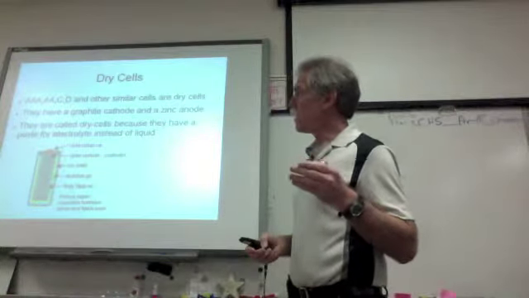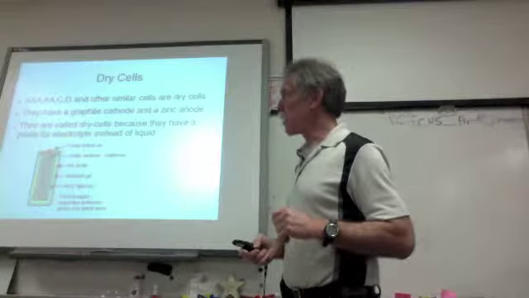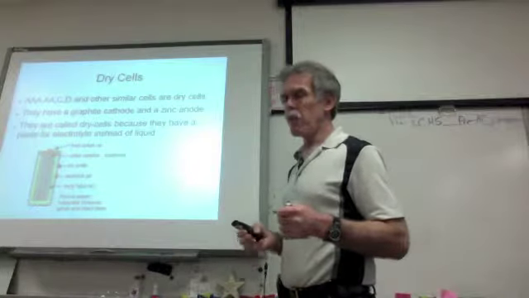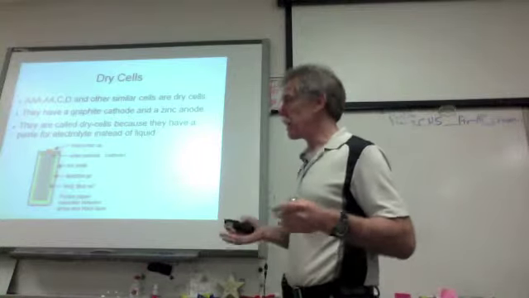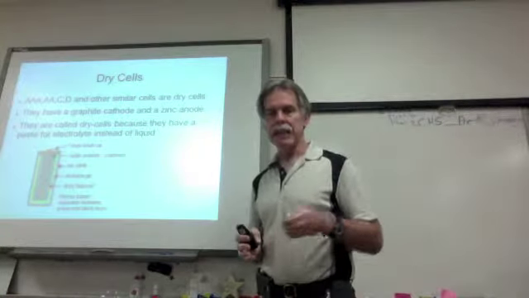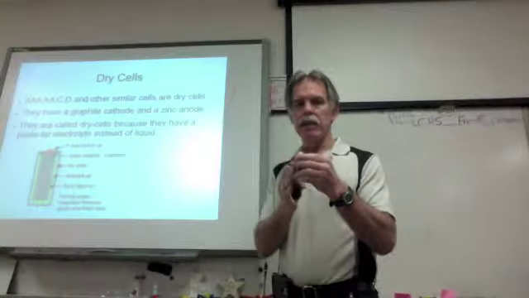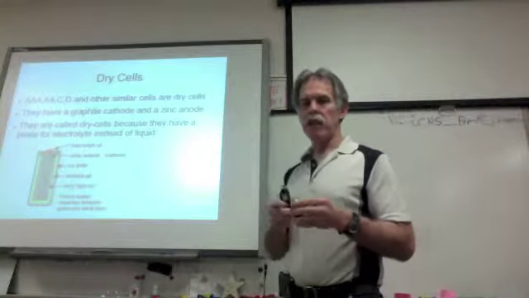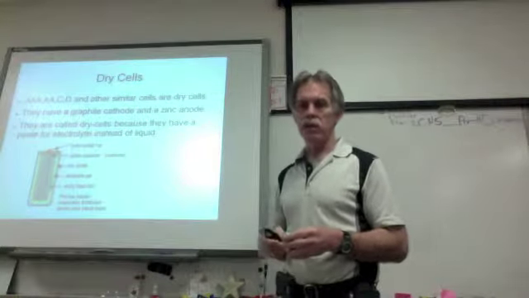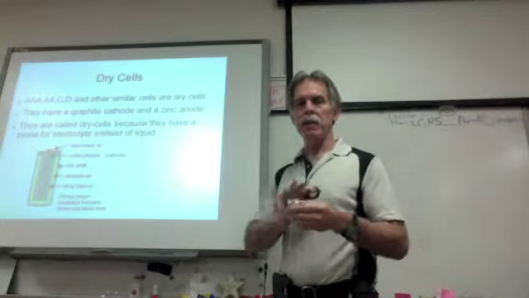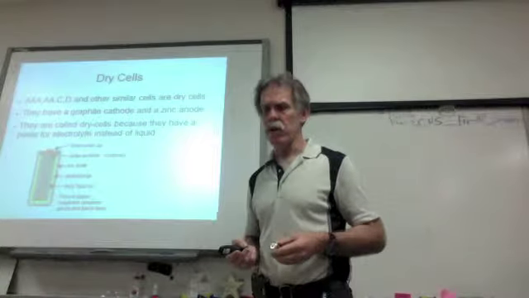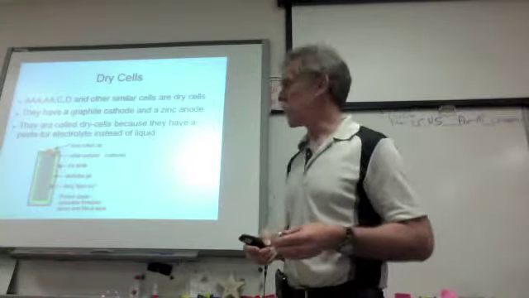On your notes, you'll see that there's a carbon or a graphite cathode in the center, and it's more of a conductor in these cells than anything else, but it is considered the cathode. The outside on a standard cell is a zinc can, and that zinc can is the anode. And there's a solution near the zinc, and there's a solution on the inside near the graphite, and they're separated by a paper porous layer that operates just like the porous cup that we're going to use in our lab when we build our cell.